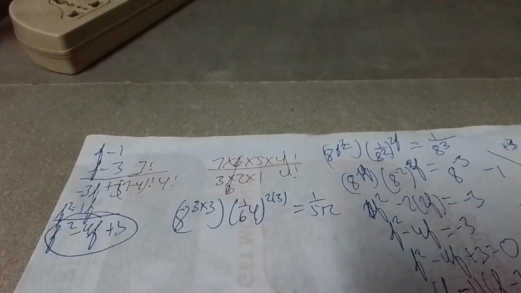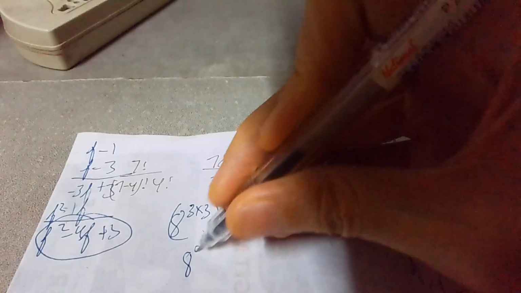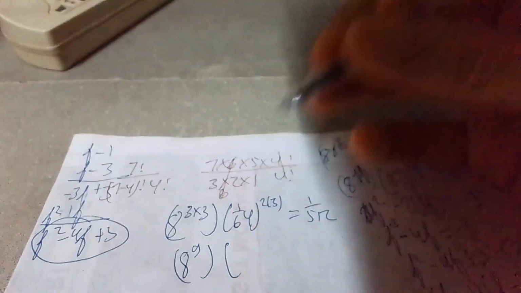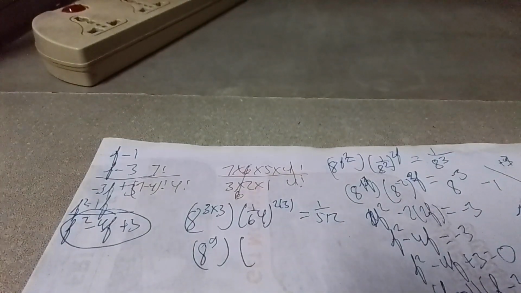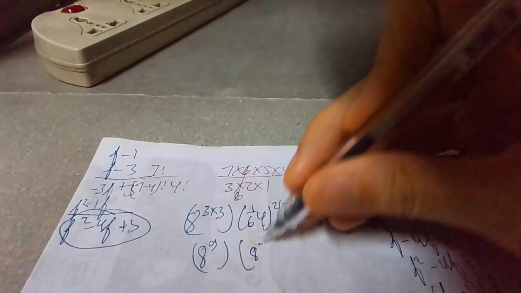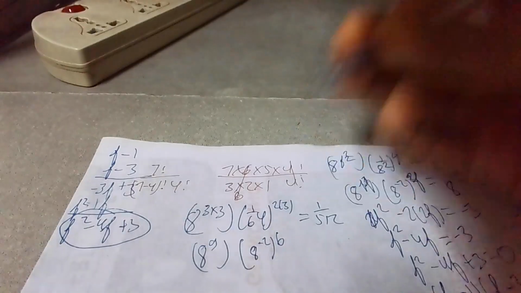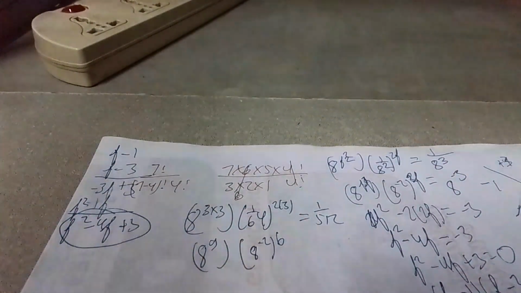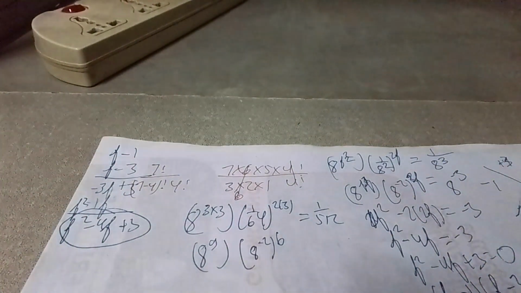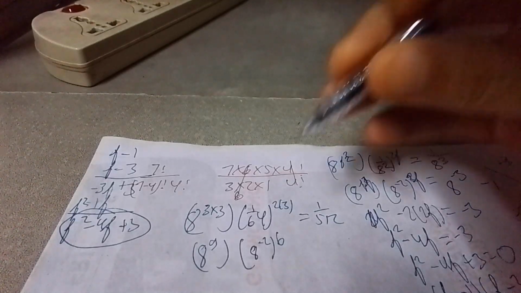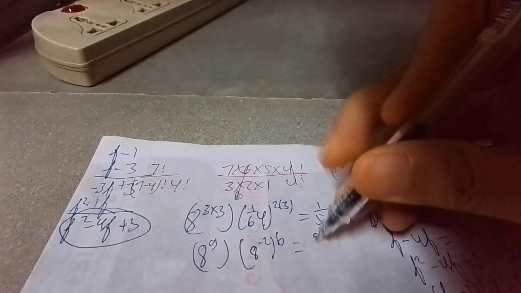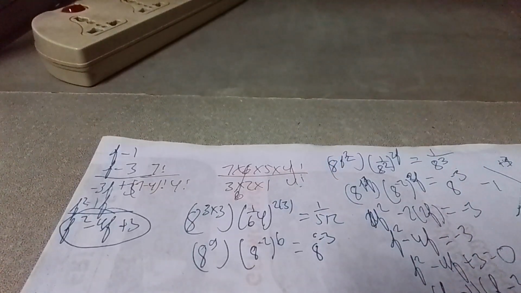So that becomes 8 raised to the 9th power times 1 over 64, which is the same as 8 raised to the negative cube. That applies the power law, and that's 8 raised to the negative 2 power, raised to the 6th power. Then that is equivalent to 8 raised to the negative cube.